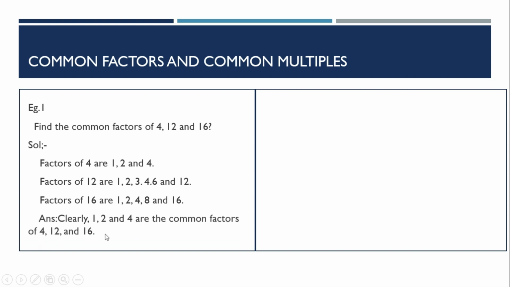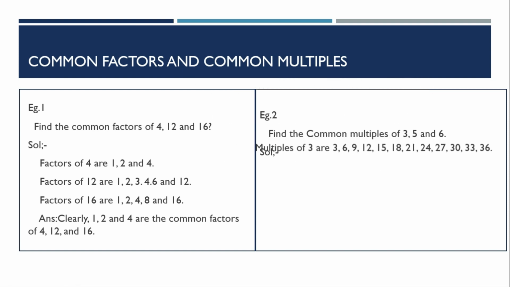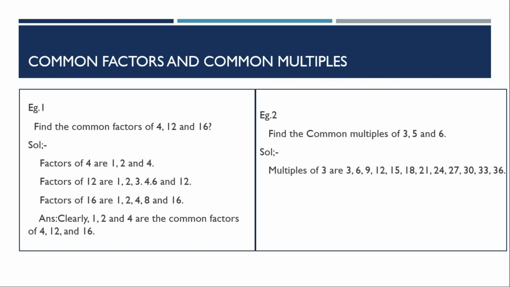Next, example 2. Find the common multiples of 3, 5 and 6. We must write the multiples of each and every number, then from that take out the common multiples. Multiples of 3 are... Here they didn't give any restriction, so let us find up to 12 multiples.